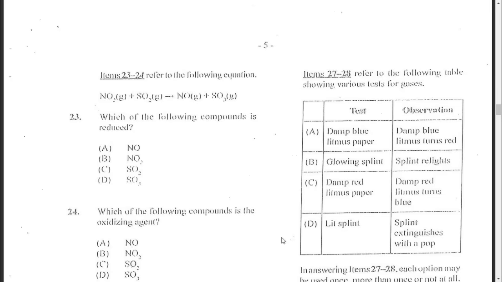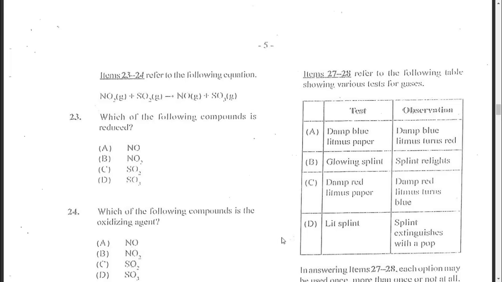And remember, oxidation is the loss of electrons or the gaining of oxygen, right? Reduction is the loss of oxygen or the gaining of hydrogen or the gaining of electrons, or a reduction in the oxidation number.